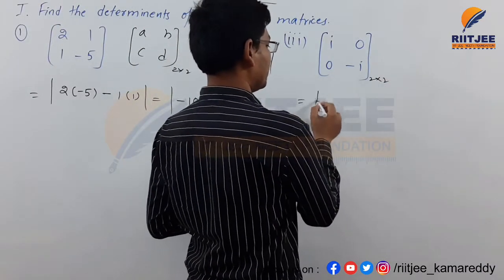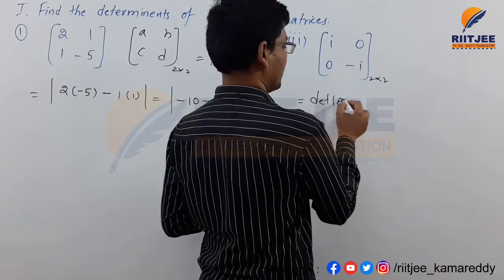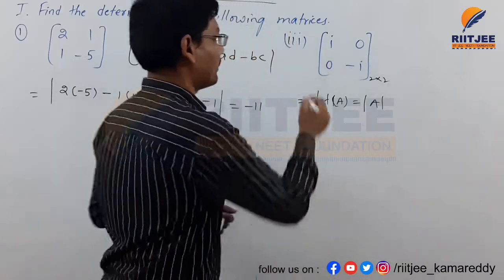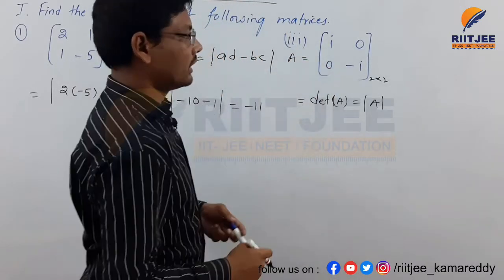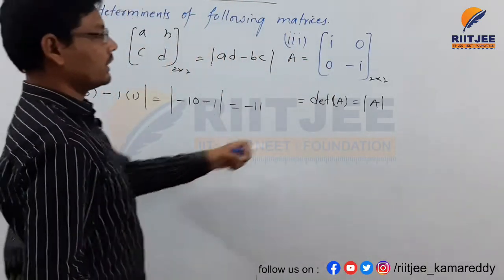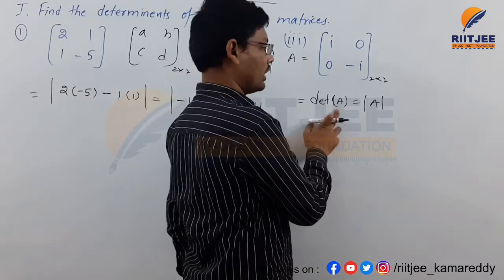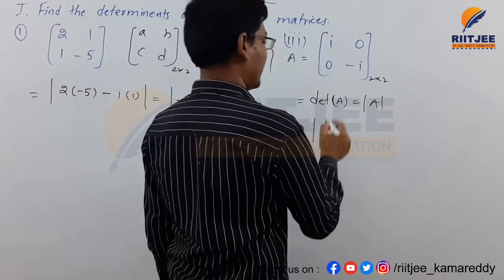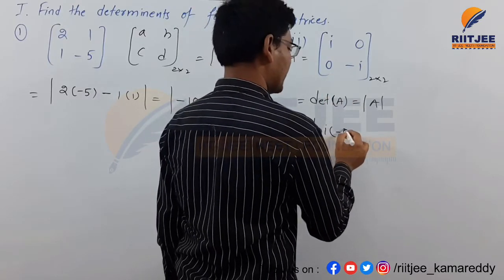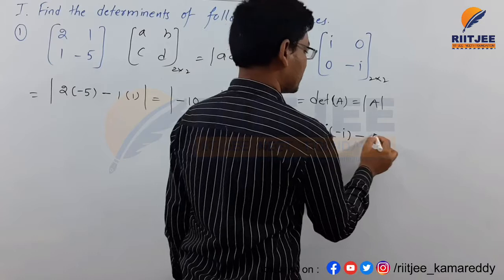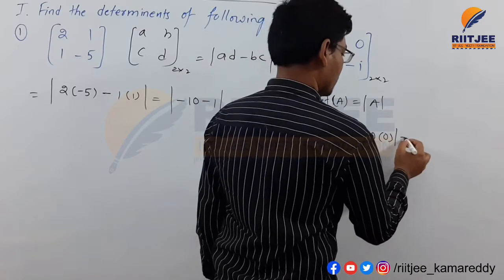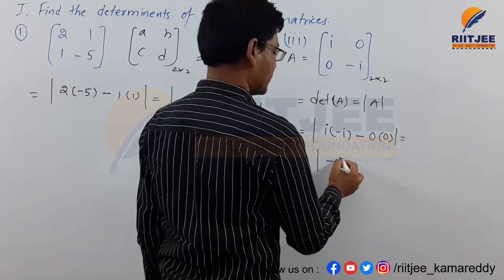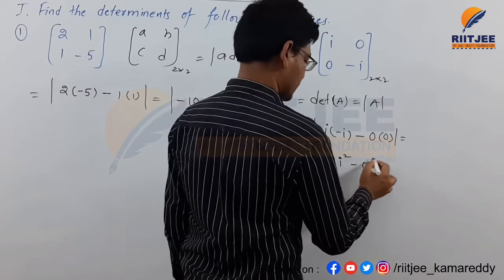Let's find the determinant, det of A, or we can write mod of A. I am taking this matrix as A, and the determinant is denoted by det of A or modulus of A. So let's find mod of I into minus I, minus of 0 into 0, that is I into I minus I square minus 0.